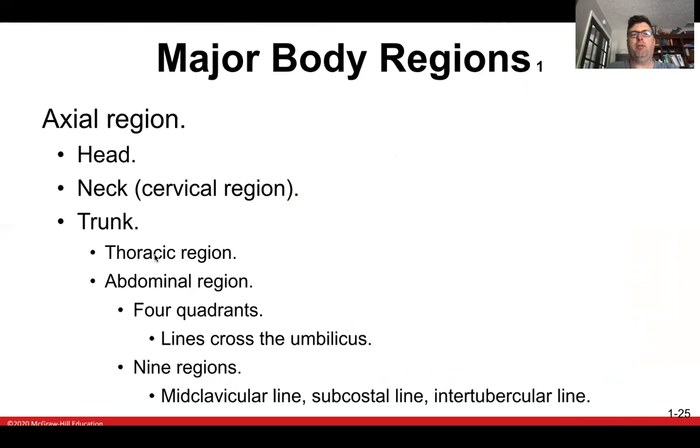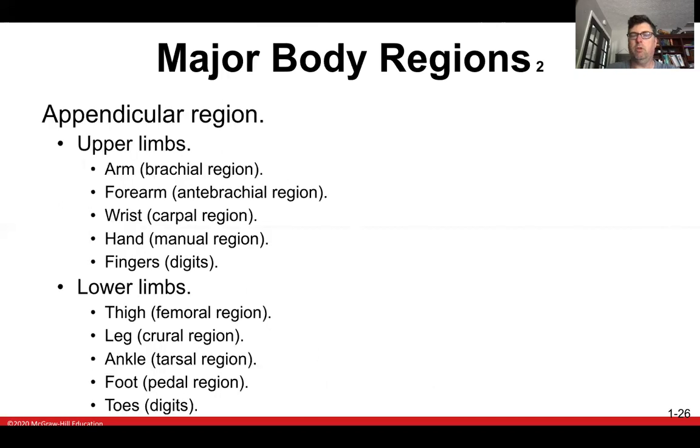The trunk itself can be divided into the thoracic and abdominal region. From there, on the abdominal side or on the anterior side, you can divide the abdomen up into 4 quadrants or 9 regions. And I've got a diagram of that, I think, on the next slide. Oh no, that's coming up later.